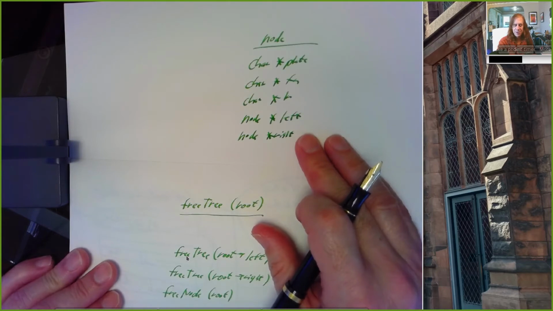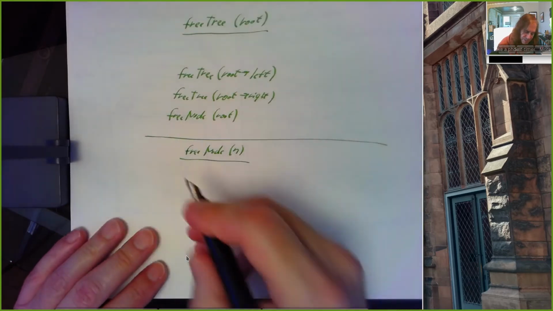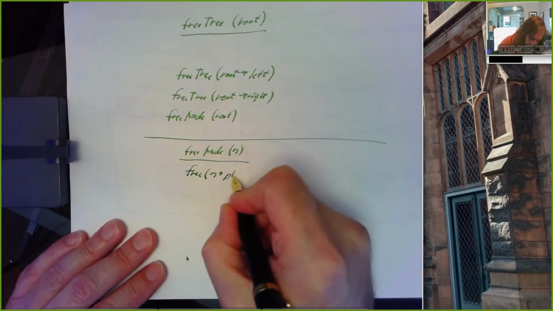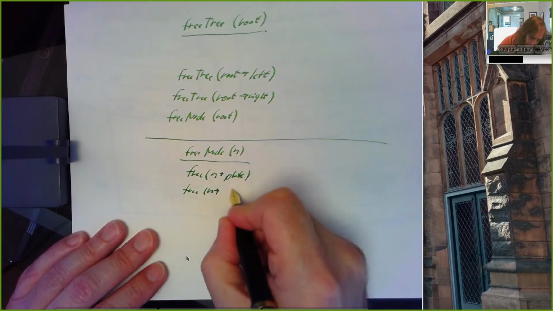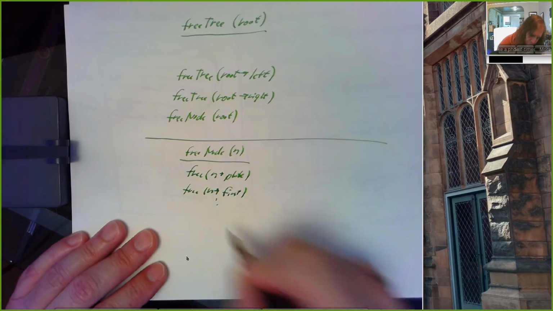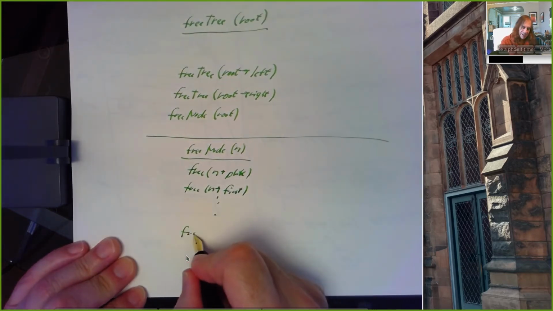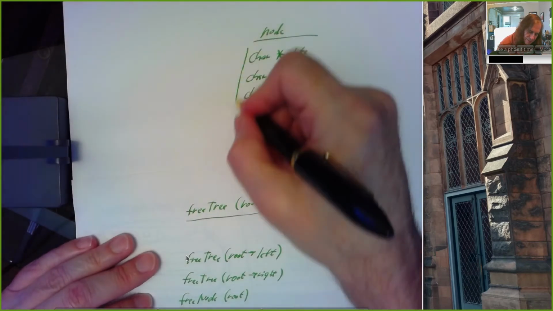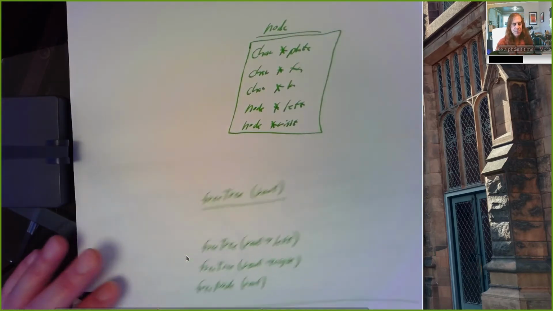So if you have a node, you're guaranteed you've got 5 blocks of memory that need to be freed. So free each of those. So free the plate. Right? And then when you're done with all of that, free the node itself. Because these 5 fields are stored somewhere in memory that was allocated with malloc.